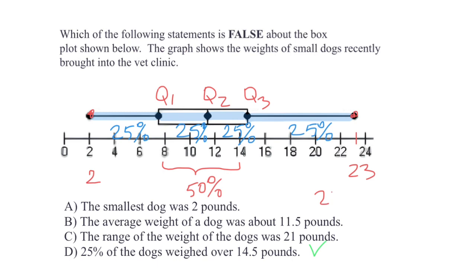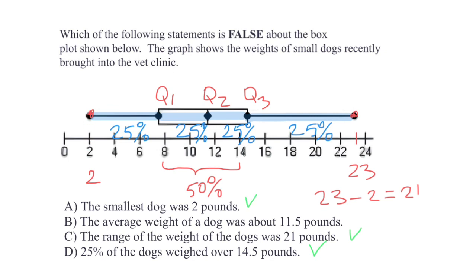So 23 minus 2 pounds, and we are going to get 21 pounds. So statement C is a correct statement, because here we see 21 pounds, which is the range of this data set. And we have to choose between two statements. The smallest dog was 2 pounds. And this is also a true statement.